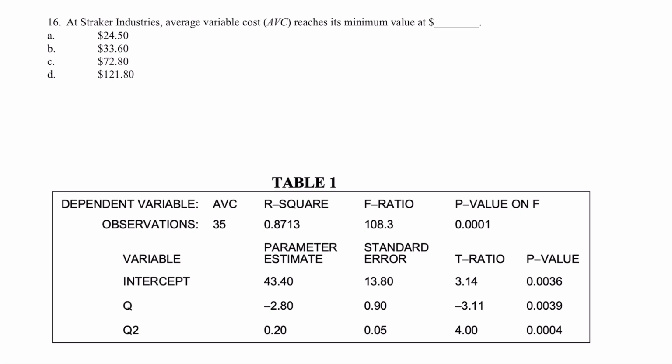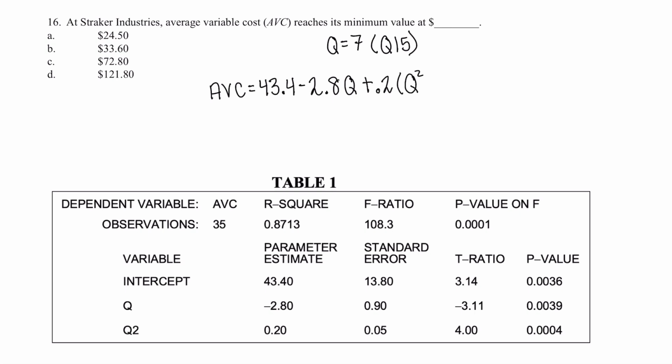At what value does average variable cost reach its minimum value at? So we just found out that our quantity was equal to 7 from question 15. So we're going to substitute 7 into our average variable cost function. So our average variable cost function is 43.4 minus 2.8 Q plus 0.2 times Q squared.